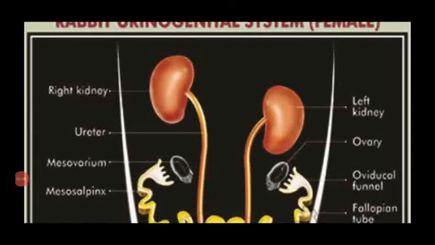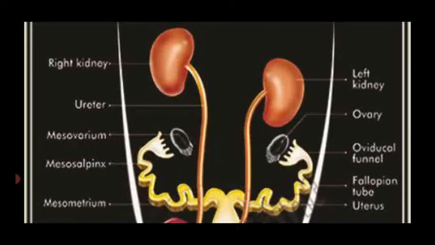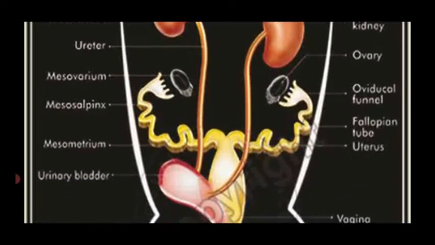Dear students, this is the kidney, which acts as an excretory organ in rabbit. Each kidney is made up of several structural and functional units called nephrons. These nephrons separate the waste material, that is nitrogenous waste material, from the blood and excrete it outside in the form of urea.